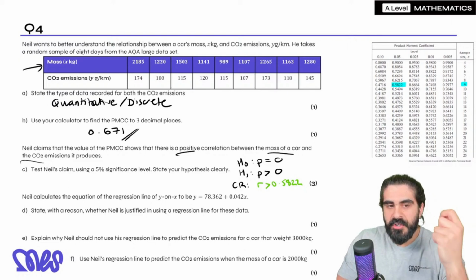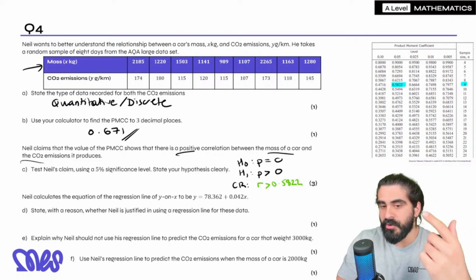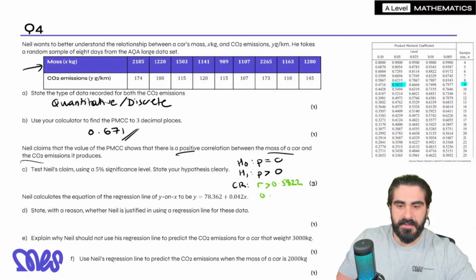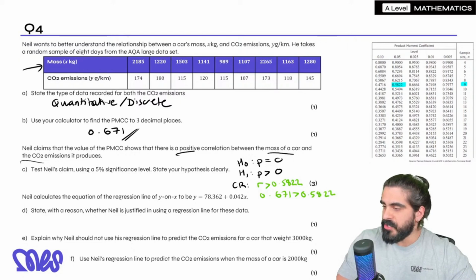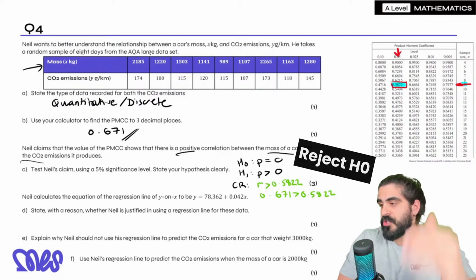And look at the r value, we got 0.671, which is greater than 0.5822. So we say, what? Do we reject or accept H0 if we're within the critical region? We reject H0, exactly.